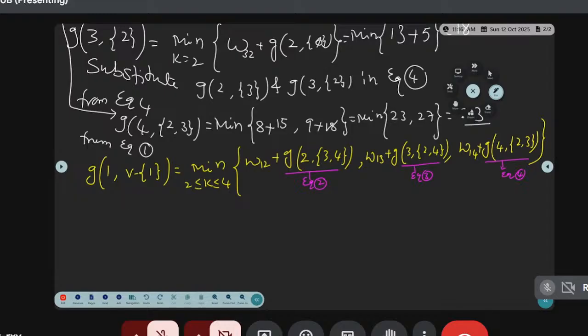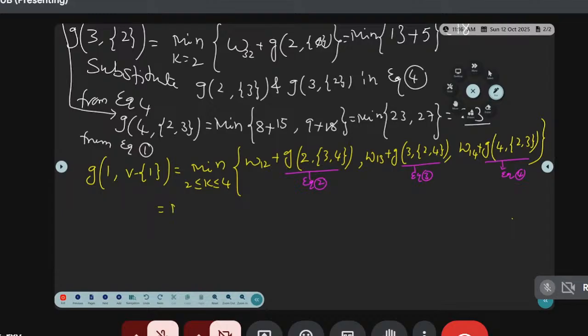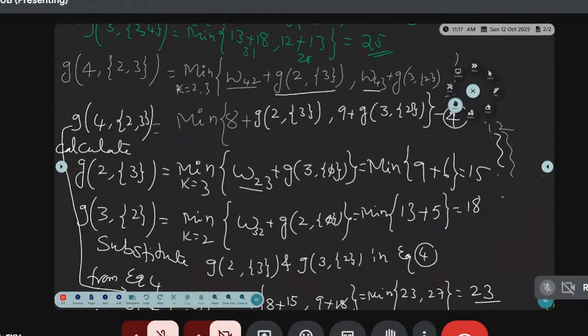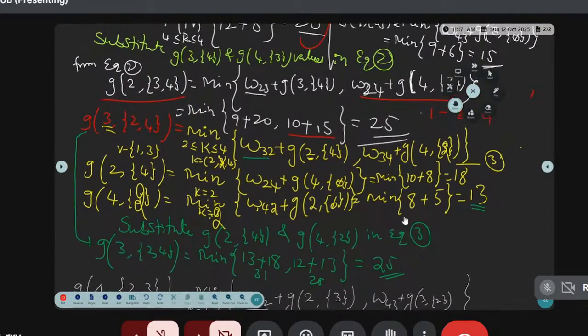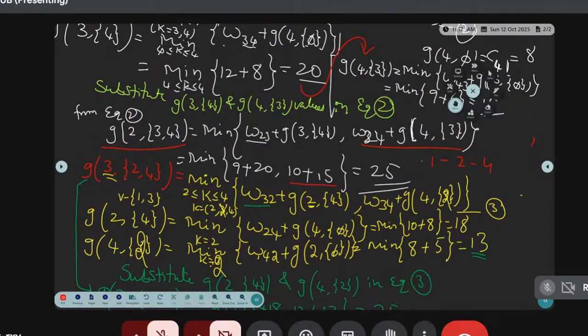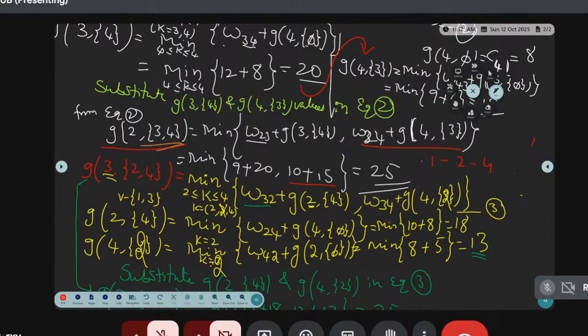So from this minimum of W12, first row second 10, plus G of 2 comma 3 value. See here. G of 2 comma 3 value is equals to this one. ఉంది మీ దగ్గర ఆల్రెడీ.